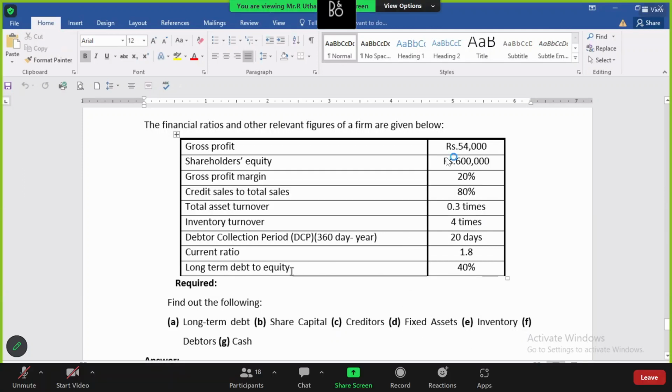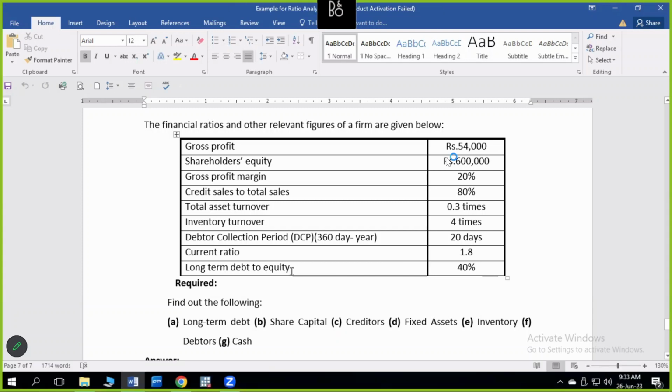If there's 100% of capital, the 40% is long-term debt and 60% is equity. The shareholders equity is given, that is 6 lakhs.